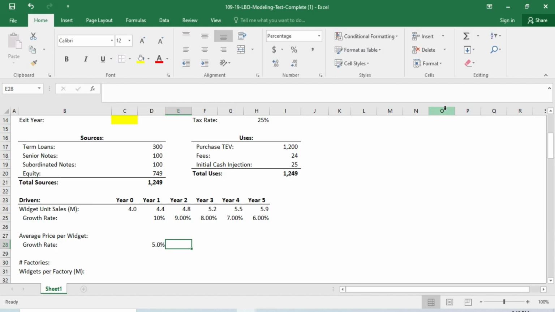Now we know here 5% is the growth rate, falling to 3%. This is a change of 2%. So we can reduce this by 0.5% every year. Okay, it's 3%.